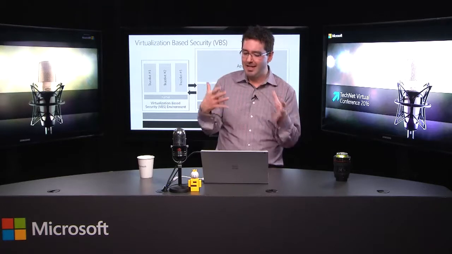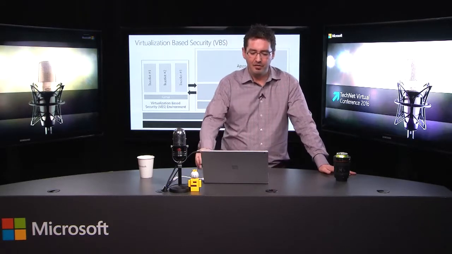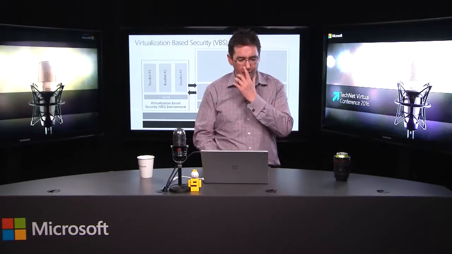There's nothing to be tampered with. And so it's immune to the common attacks that we've seen today. This is a very powerful architectural change, and this reason alone is one of the big reasons why we've seen people get excited about Windows 10 from a security point of view.